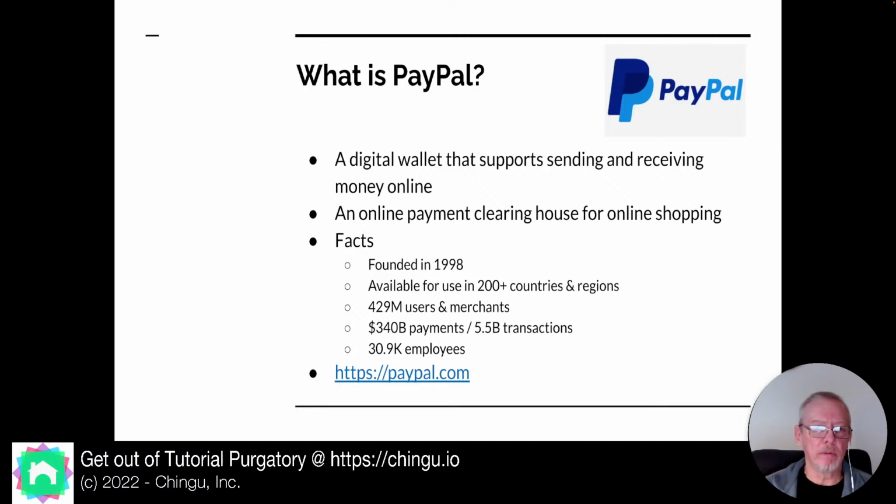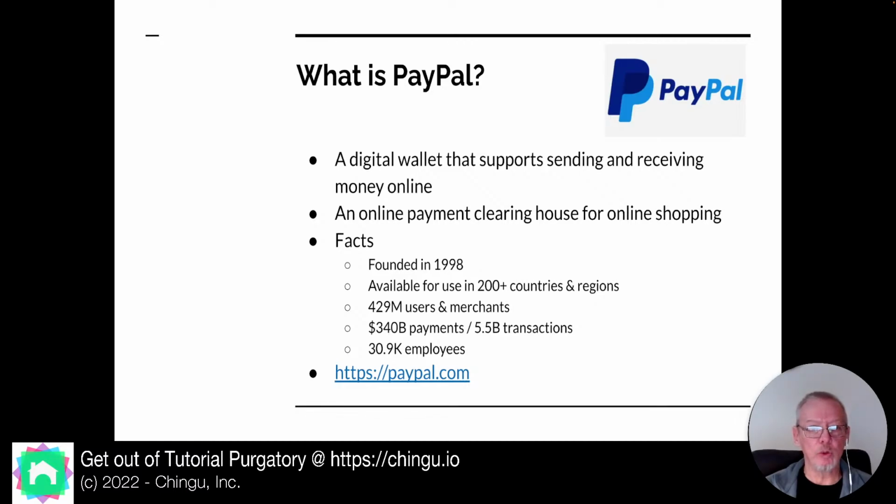So, for example, if my son lives in a different city, and he needs some help, he needs some money, I could use PayPal to transfer money to him. There are a lot of other solutions to that particular problem, not just PayPal, but it is one thing that it can do.